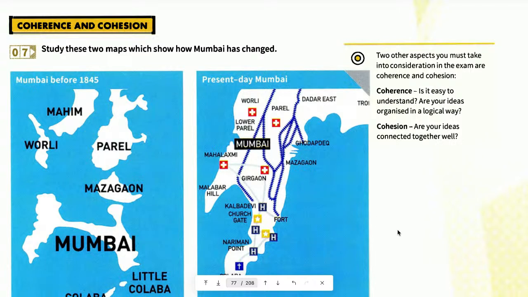No. That is, in literature, when we use these words, that means that we can connect or link the sentences very well with each other. Okay? Coherence and cohesion means that we are talking about how good the sentences are and how they can be connected with each other. Okay?